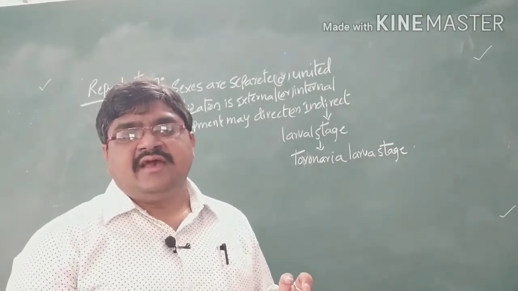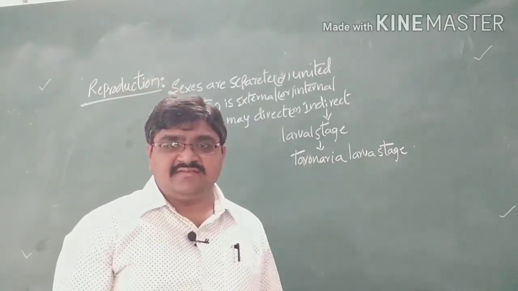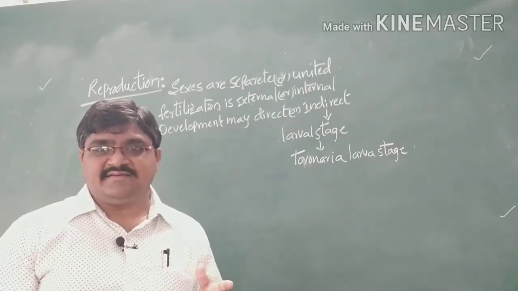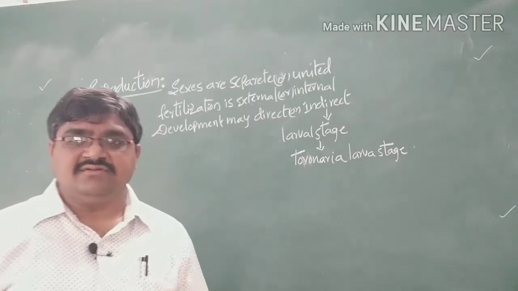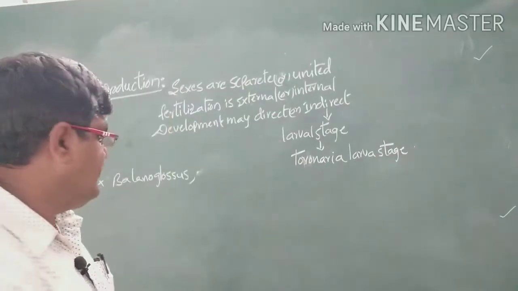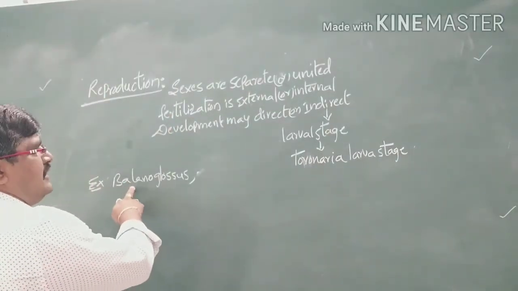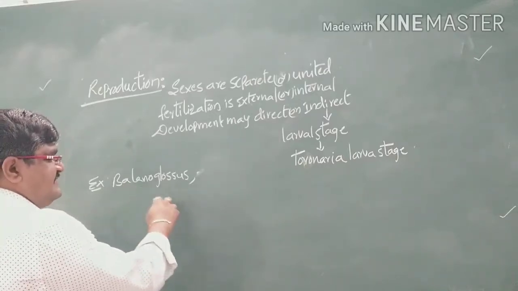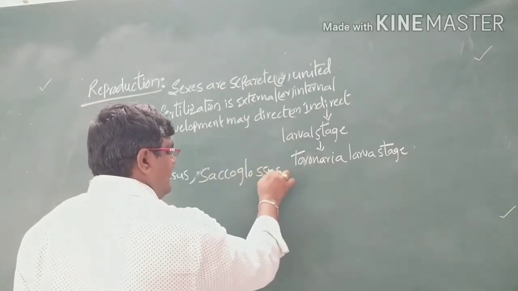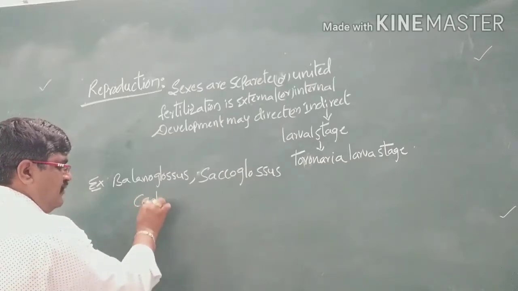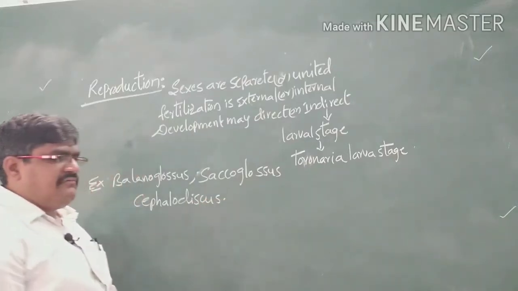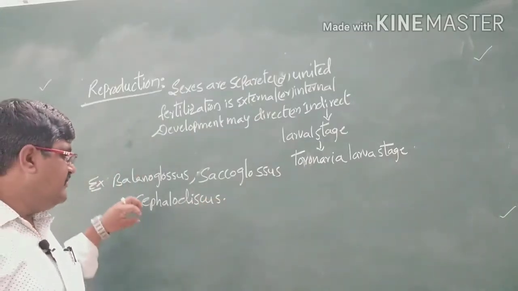Coming to the examples of the phylum Hemichordata, the examples are Balanoglossus, Saccoglossus, and also Cephalodiscus.